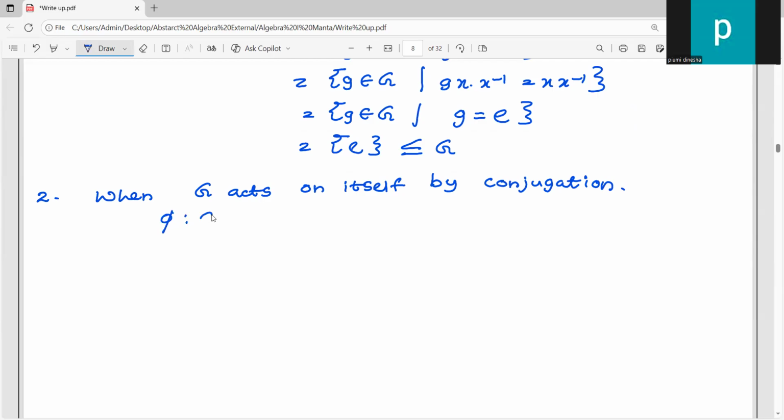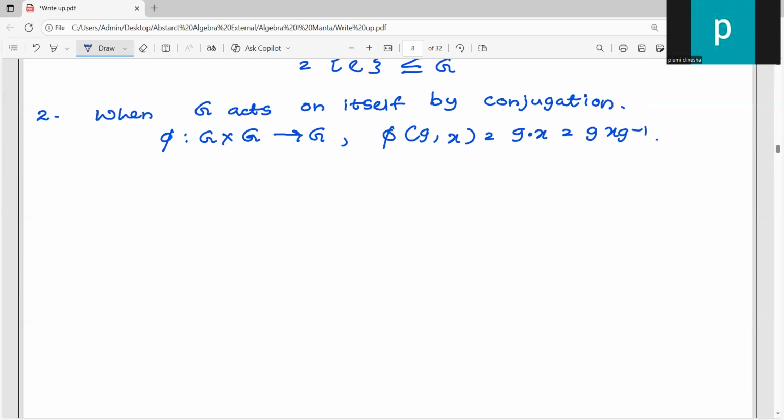Just to remind you, now group G is acting on itself where phi of g, x, which we define by g dot x, is given by gxg inverse, acting on itself by conjugation.